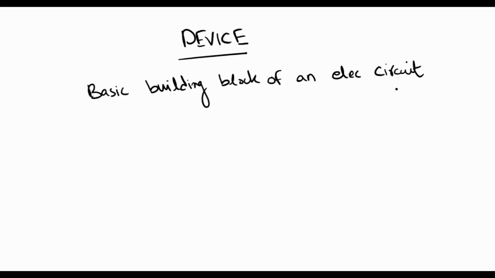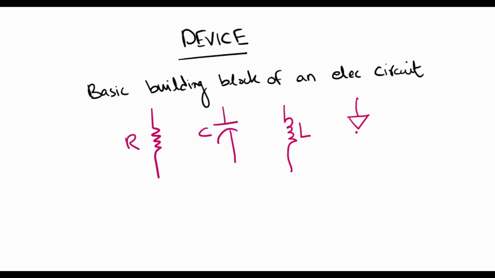Now, what is an electrical circuit? I will come to it later. A building block for a circuit could be a resistor, it could be a capacitor, it could be an inductor. So these are basically schematics of the various building blocks or devices.